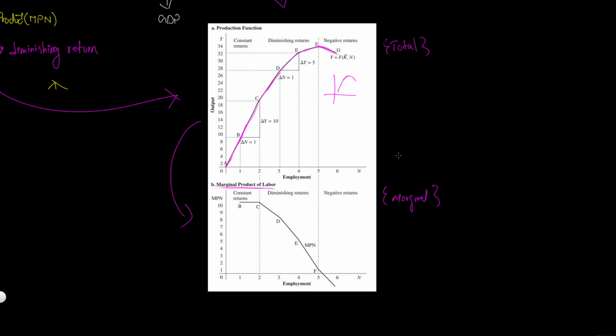As we increase more labor, our total output in the economy increases, but beyond a certain point, it will only increase at a decreasing rate, whereas our marginal product is going to have constant returns, meaning each labor we hire is giving us the same level of output, but as we hire more laborers, the extra labor coming into the firm is giving us less output per labor, and therefore beyond a certain point, as we hire more labor, we will see negative returns instead of having any positive returns.